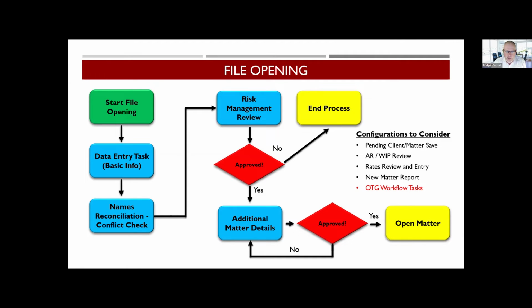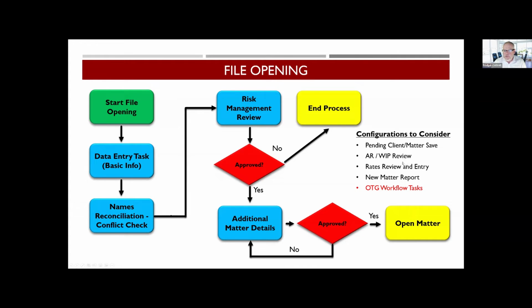But oftentimes, after the conflicts check is approved, firms will create a matter with a pending status. This kind of speeds up the process so that the attorneys can start entering time on that matter. And then once it gets through the full approval, the matter would change from a status of pending to open. Okay.